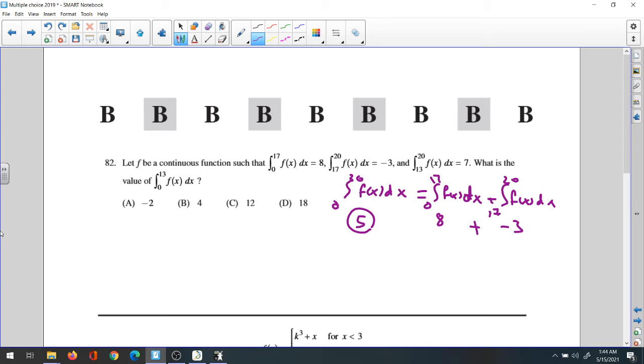So let's do that here, in a different color. The integration from 0 to 20 of the function f of x could be represented differently. It would be from 0 to 13 of f of x, and from 13 to 20.